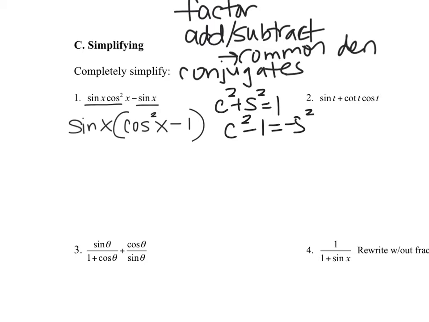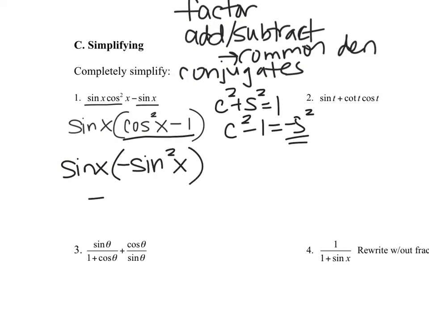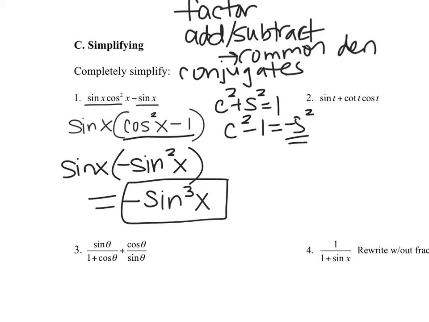That's allowed, because I know that it's an identity. So cosine squared minus 1 equals negative sine squared. So I'm going to rewrite this: sine x times negative sine squared x. And if I have a sine x times a negative sine squared x, I end up with negative sine cubed x. And that is completely simplified.